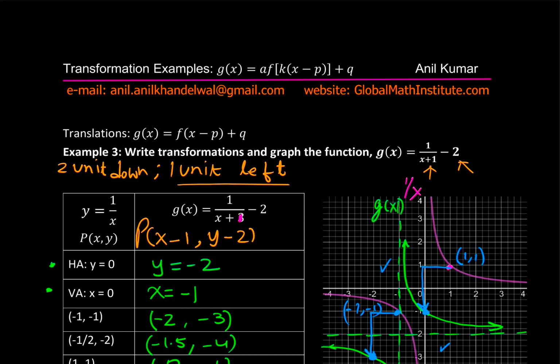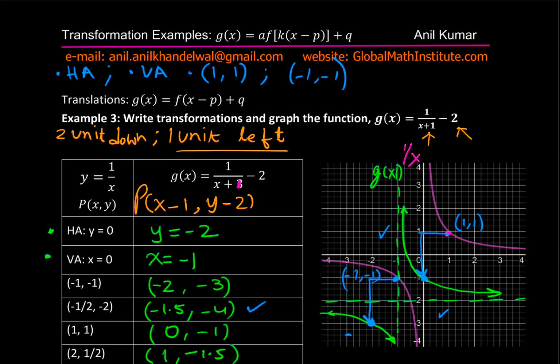So for a reciprocal function, let me remind you, the critical things to look into are, first, the horizontal asymptote, second, the vertical asymptote, and third, you should check what happens to the points 1, 1 and minus 1, minus 1. That should give you an accurate graph. The other points help you to check your values or the trend in a given case. I hope that makes sense, right? Let's move on and take the next example.